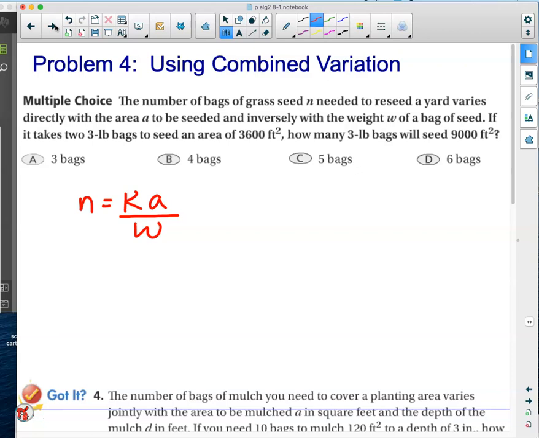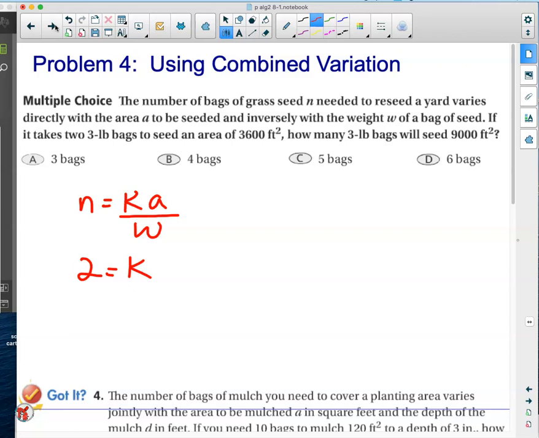Now they're going to give us some numbers because we need to figure out what K is. So if it takes 2 3-pound bags to seed an area of 3,600 square feet, well, we better figure that out first before we try to answer their question. How many 3-pound bags will seed 9,000 square feet? All right, so 2 bags. The number of bags is N. I don't know K. Still looking for it.